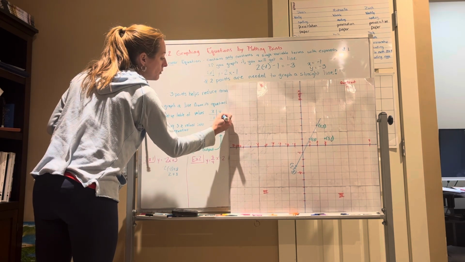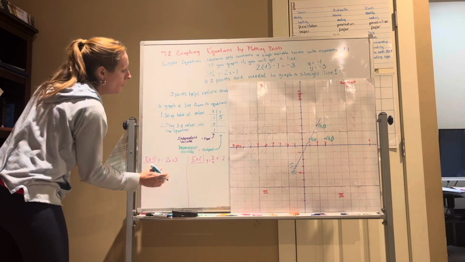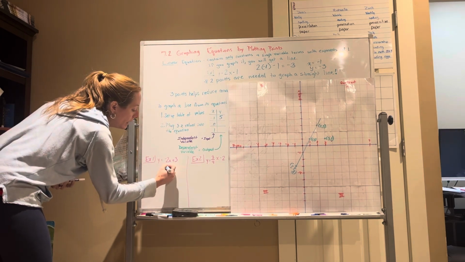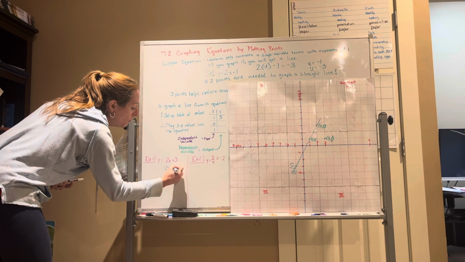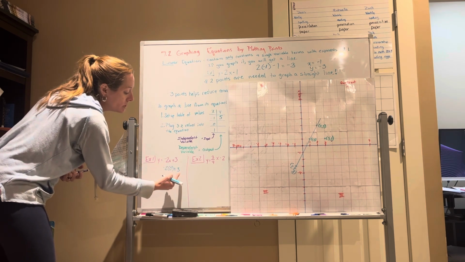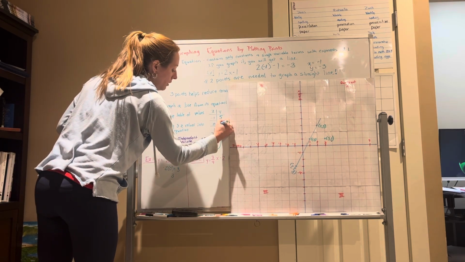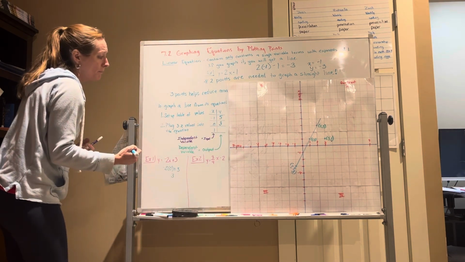So 5 is our first value. Now we're going to plug in 0. -2 times 0 plus 3. Well, anything times 0 is 0. Plus 3 is 3. So our output, our dependent variable, is 3.